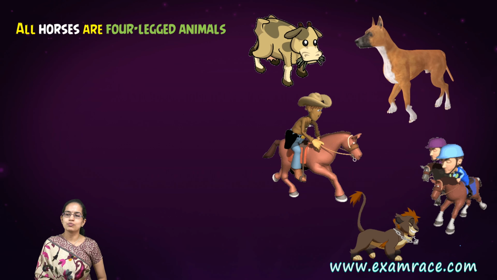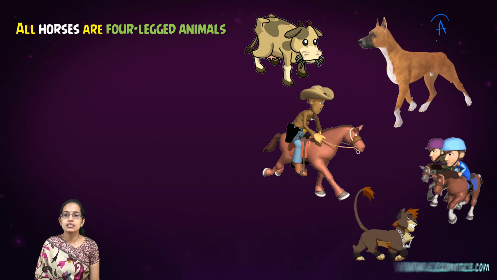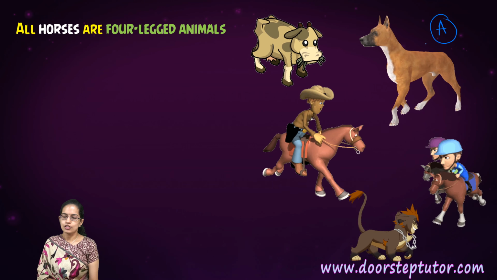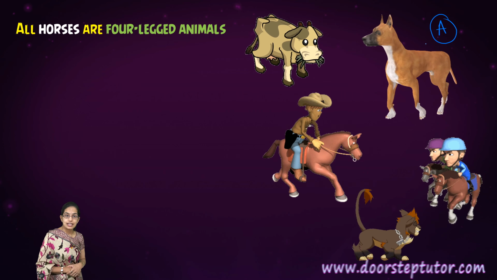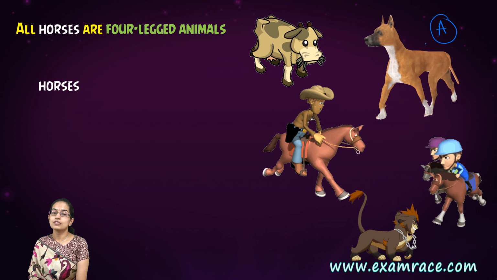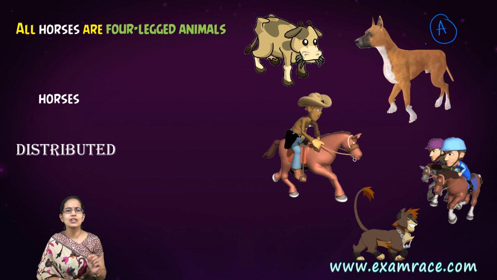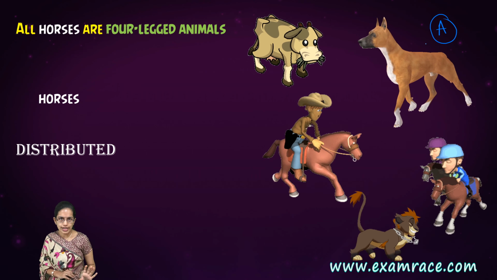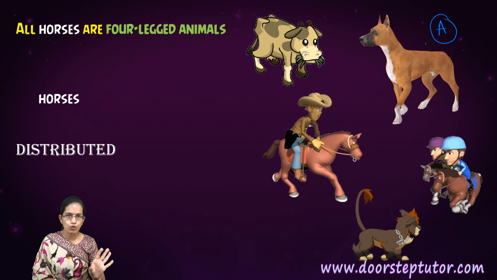The very first proposition I take is the proposition of A, which is: all horses are four-legged animals. So, here I have a group of animals, and I say all horses are four-legged. What does this mean? Horse is distributed. Even if there is one single horse, it would be part of the four-legged animals, and even if all the horses are there, they would be part of the four-legged animals.